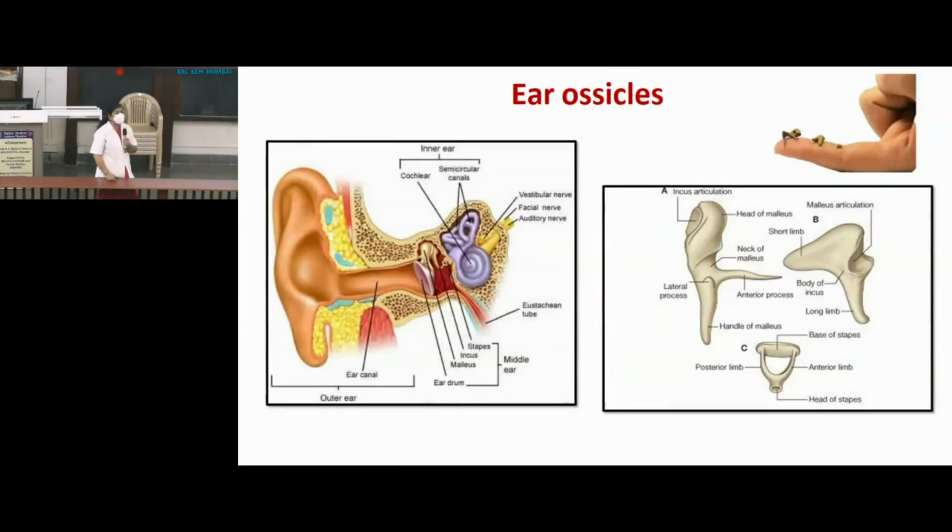The incus presents with a body, short process and long process. The stapes presents with a head, neck, two limbs, anterior and posterior, and the base of the stapes or footplate of the stapes. Where is it related? The medial wall. It covers which window? The oval window, fenestra vestibuli. Yes, correct.